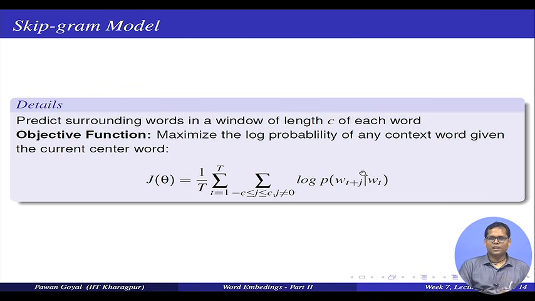So J theta, and theta is all the parameters, all the weight matrices W1 and W2 that I am trying to learn. So now this is my objective function, and I want to maximize that, and by doing that I want to learn my parameters theta. And how do we do that?